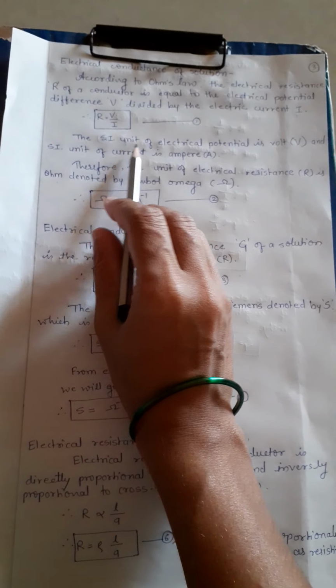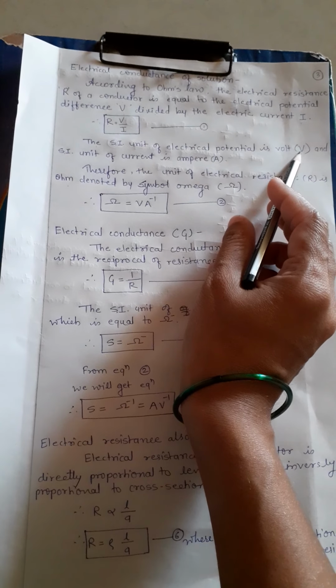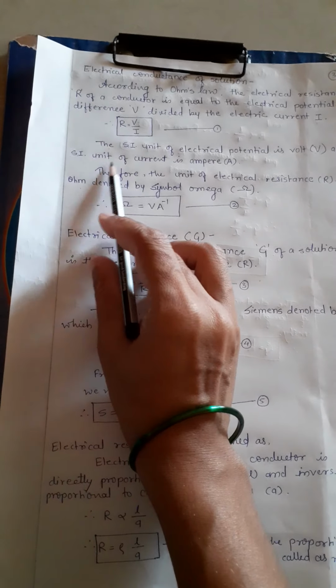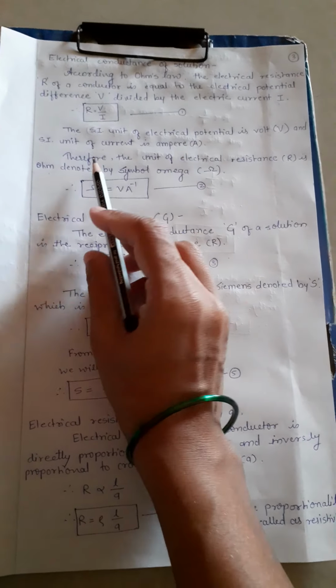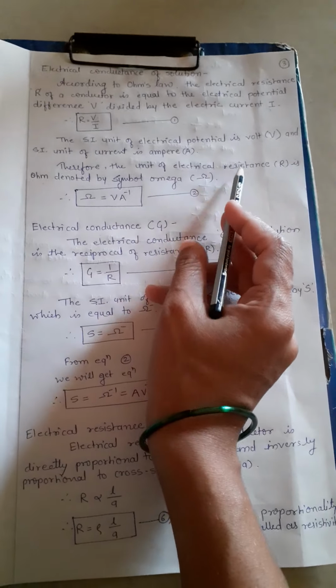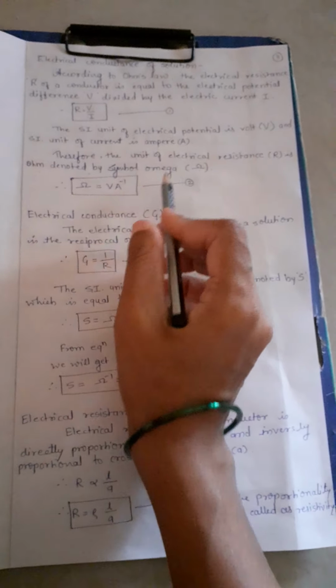The SI unit of electrical potential is volt, denoted by capital V, and the SI unit of current is ampere, denoted by capital A. Therefore, the unit of electrical resistance R is ohm, symbol omega.